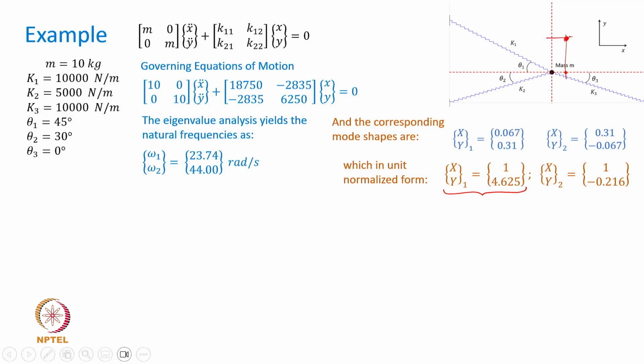And if you release it from this point at t equal to 0, the mass is going to oscillate and execute the fundamental mode of vibration, which will all the time maintain this relationship, and therefore it will execute a pure harmonic motion, because these mode shapes are obtained with the assumption that both degrees of freedom exhibit pure harmonic motion.